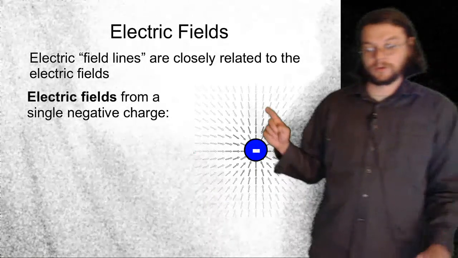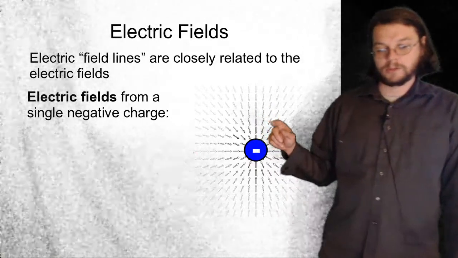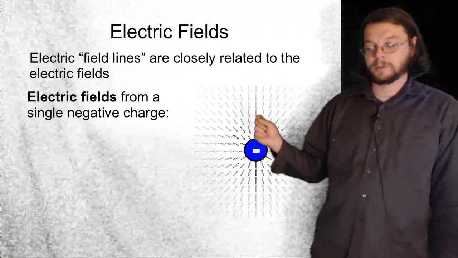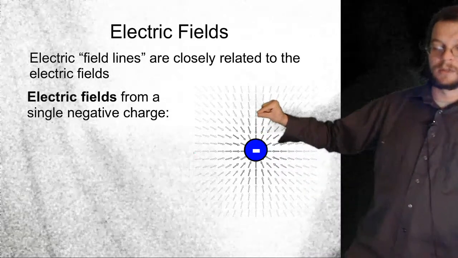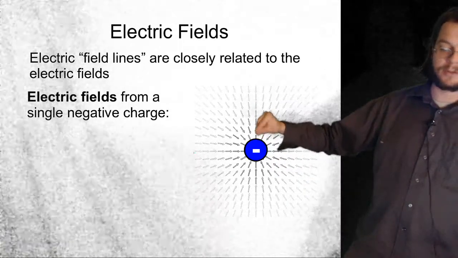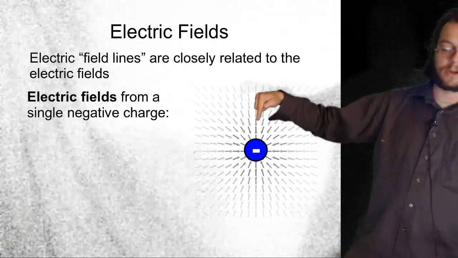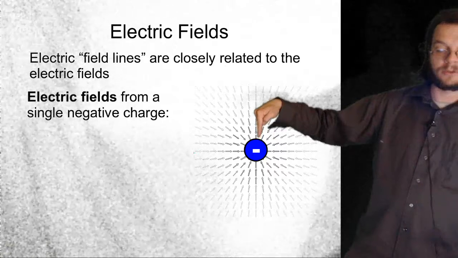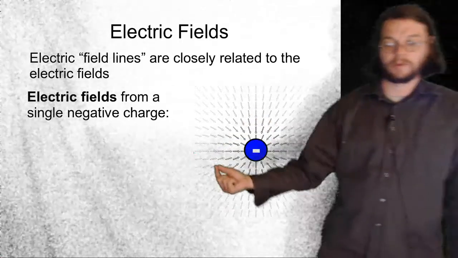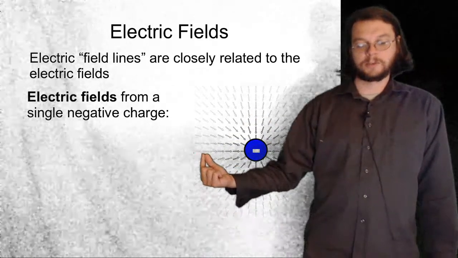Now if you have a negative charge, you have the electric fields pointing towards it, not away, right? Because if I put a positive charge up here, it's going to be attracted to this negatively charged thing, so the direction of the force on a positive charge is down, so the direction of the electric field is going to be down. Same thing if I put the positive charge out here, it's going to be attracted.